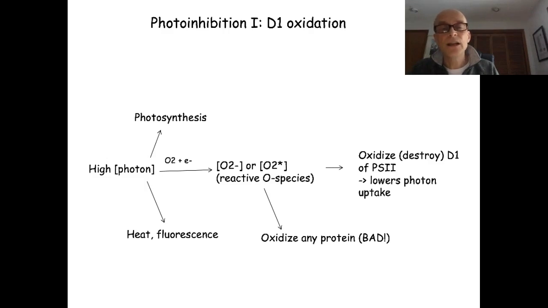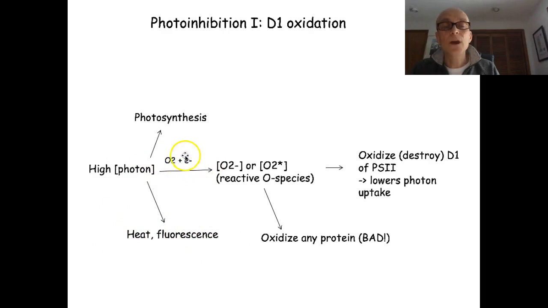But if there are so many electrons coming around that the plant cannot absorb them all at the same time, then what can happen is that instead of producing heat or fluorescence, these photons don't produce photosynthesis, and they don't produce heat or fluorescence.